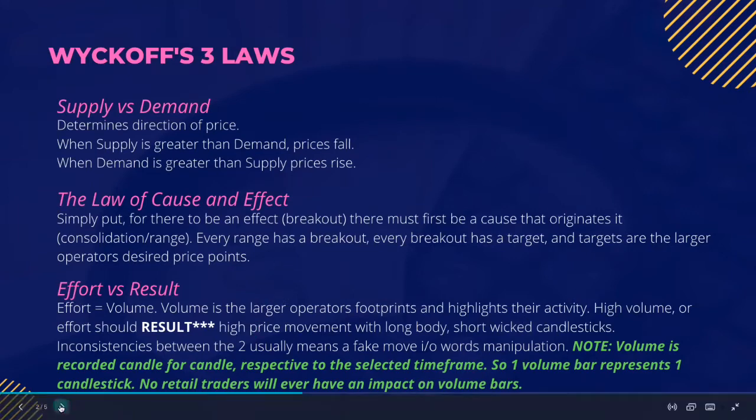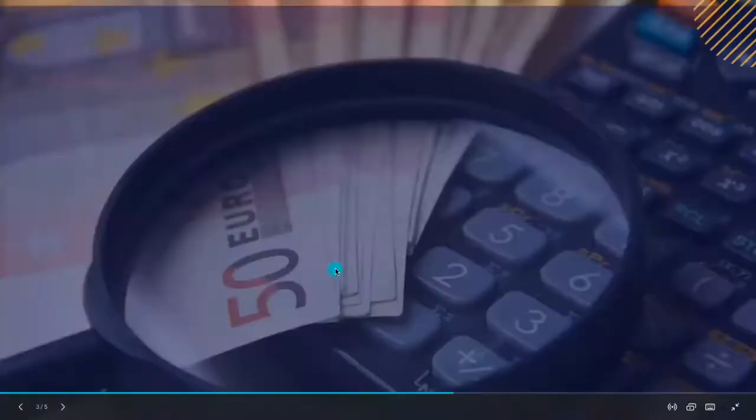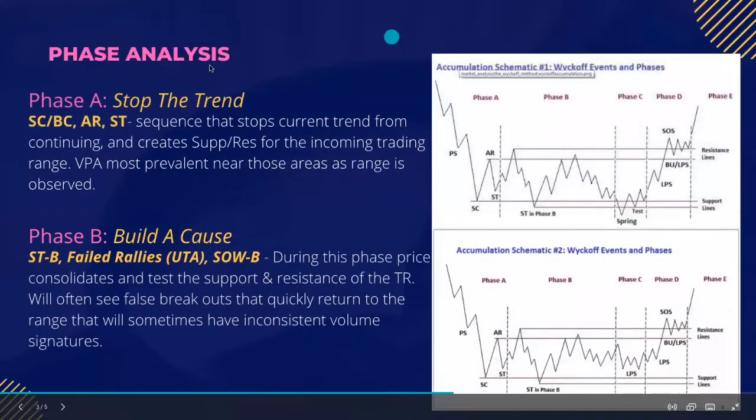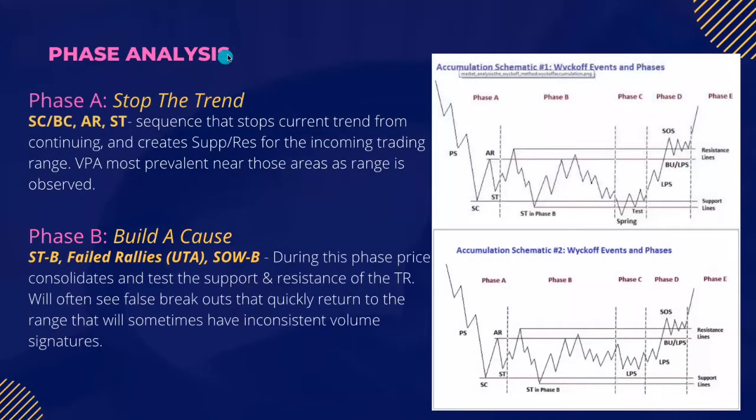So moving on, phase analysis. This is what I feel like people should focus more on, phase analysis, rather than trying to label each and every turning point of the market.